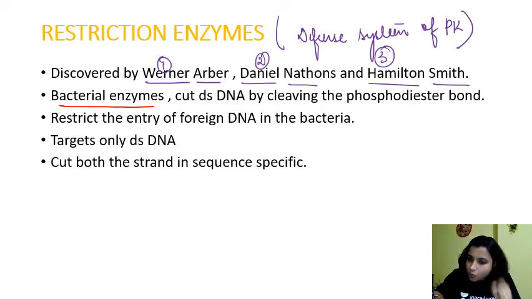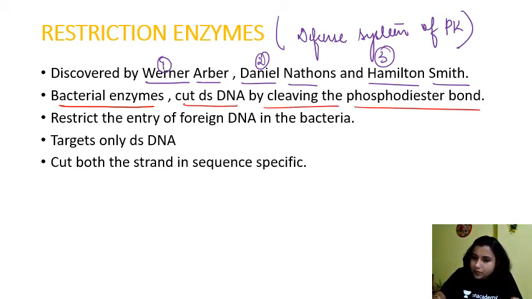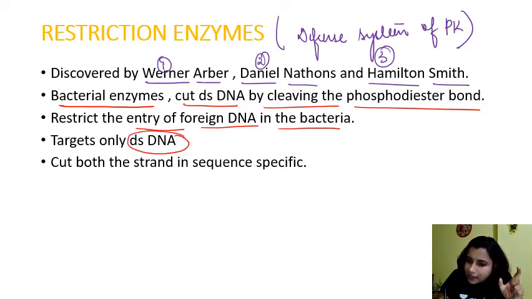Bacteria protect their own DNA by adding a methyl group, right? It cuts double-stranded DNA by cleaving the phosphodiester bond. It restricts the entry of foreign DNA into the bacterial cell. It targets double-stranded DNA, and it cuts both the strands in a sequence-specific way.